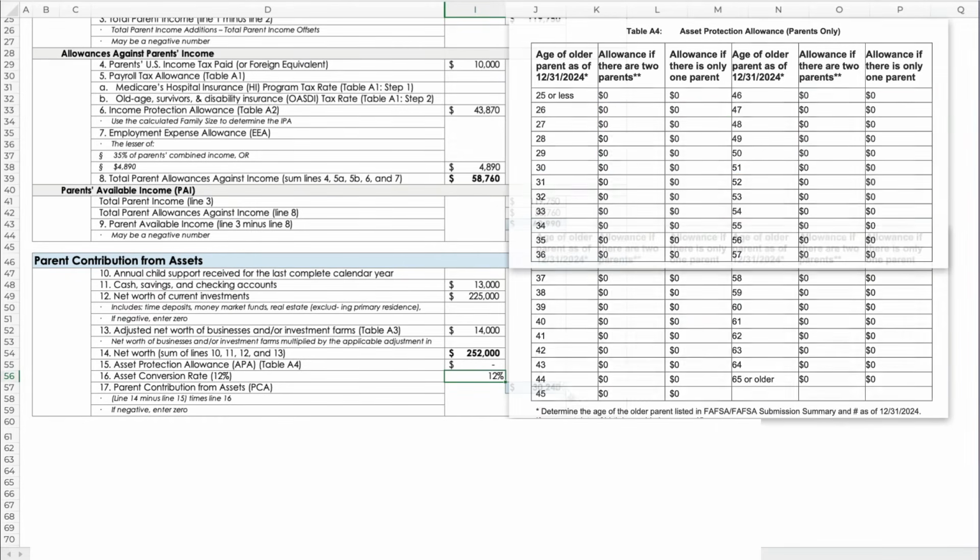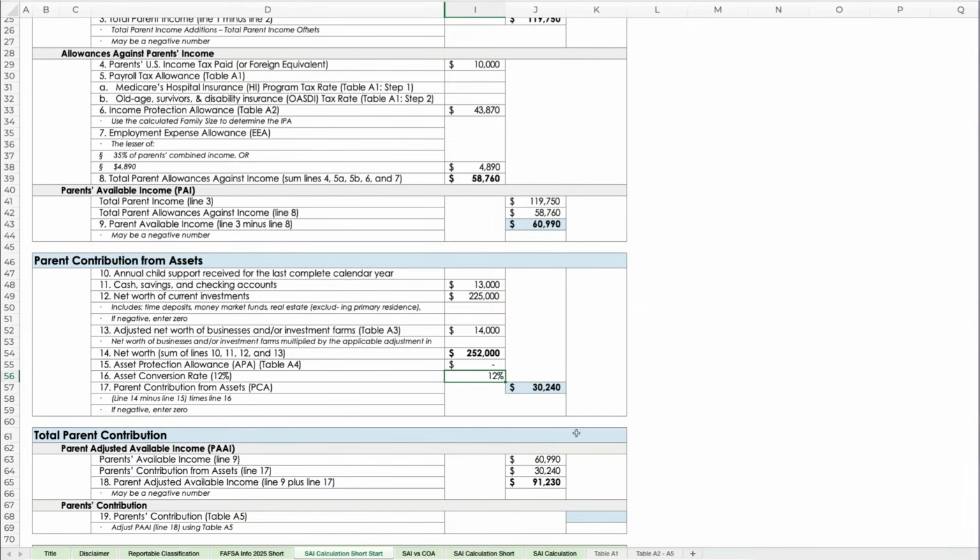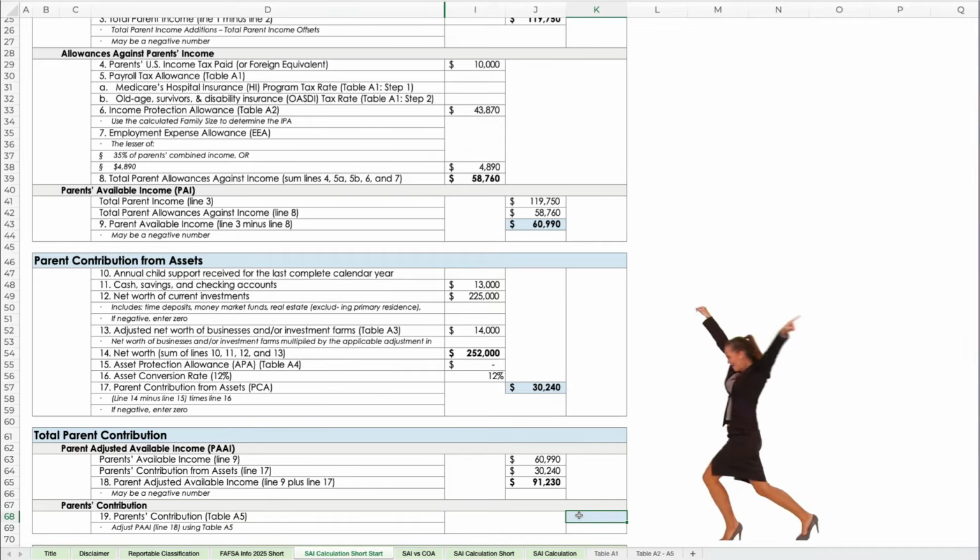So we multiply the net worth of $252,000 by the asset conversion rate of 12%, which gives us $30,240. Now we add the parent available income and the parent contribution from assets, which gives us a total parent contribution of $91,230. However, this is not the final amount considered for SAI.